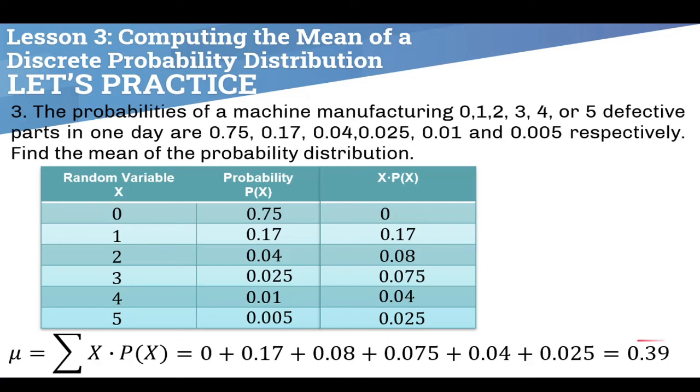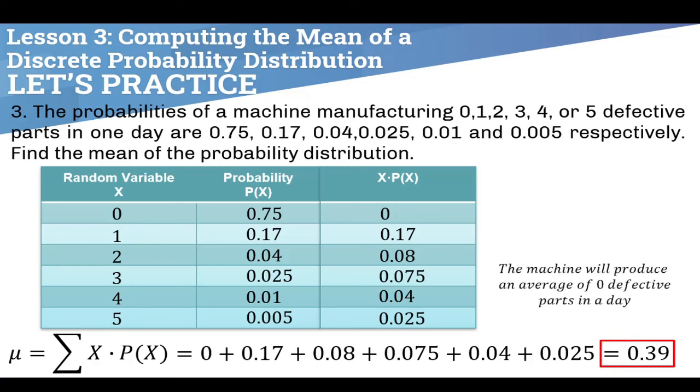Okay. Therefore, the machine will produce most likely 0 defective parts in a day. Ano ibig sabihin nun? Wala namang 0.39 na parts. So, most likely, etong machine na to ay hindi makapag-produce ng defective parts. Iyan ang analysis. Kuha ba?